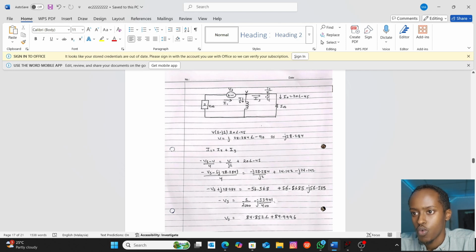So we already have our I3, then we can find the voltage at that node. Then our node voltage will equal, by Ohm's law, I times R. Then we find our V, which is minus j2 times 28.28.